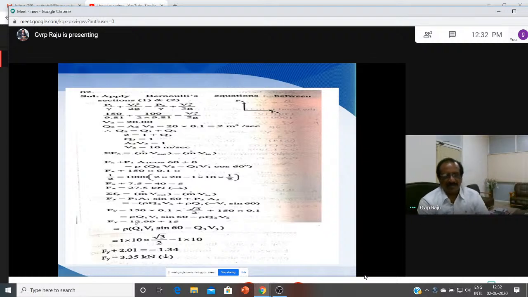So this is P1 A1 sin 60 and P3 A3, and also Fy, and weight he has neglected. So rho Q3 V3, so this is 150 into 0.1 and V3. And finally the value of Fy is equal to 1.34, and you can get 2.01. So this is equal to minus here.